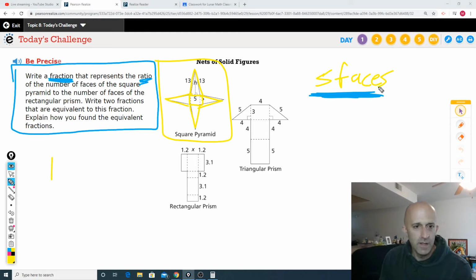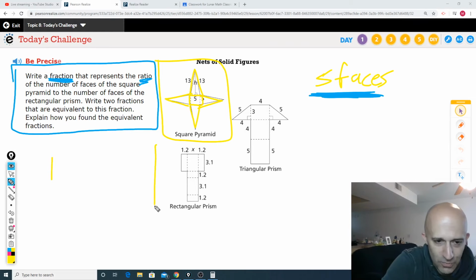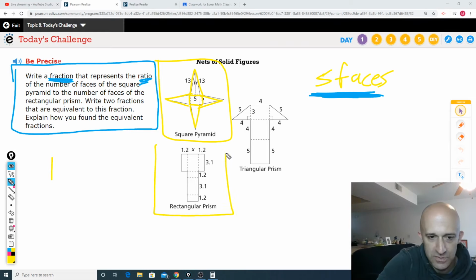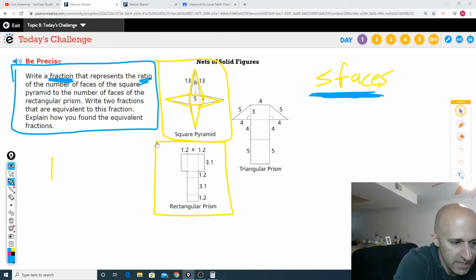Now its comparison to the number of faces on the rectangular prism.